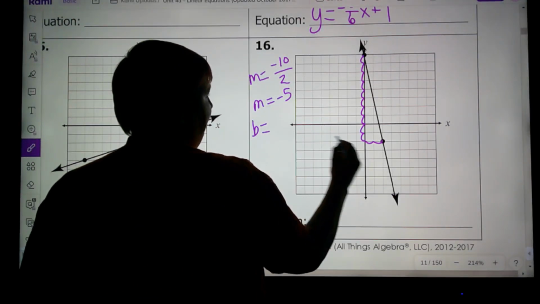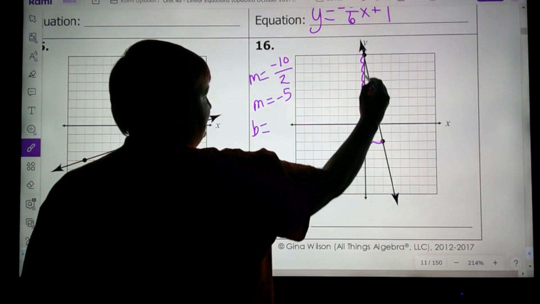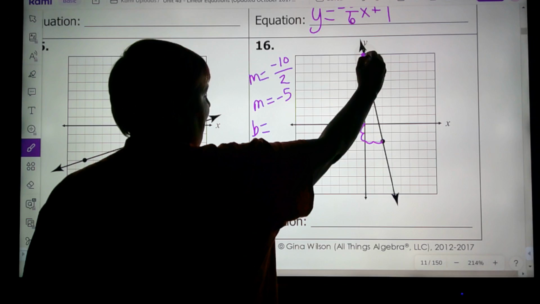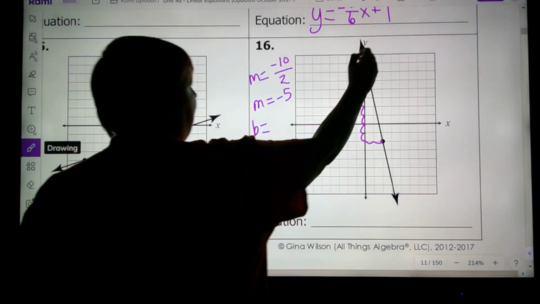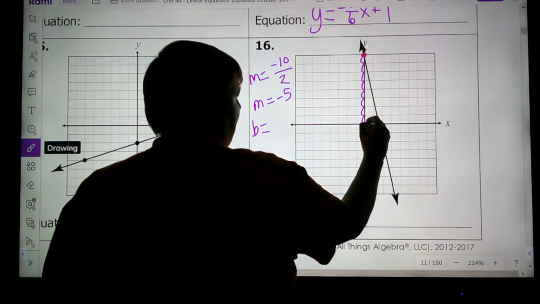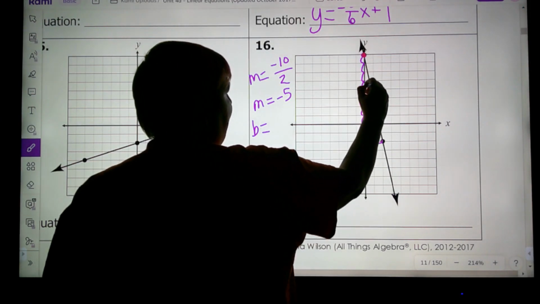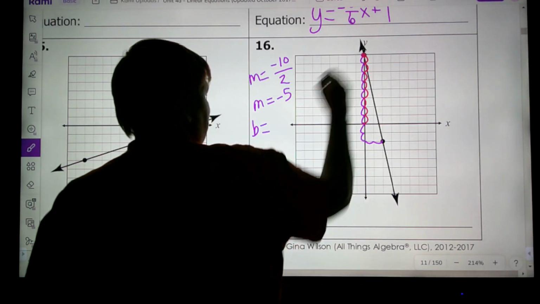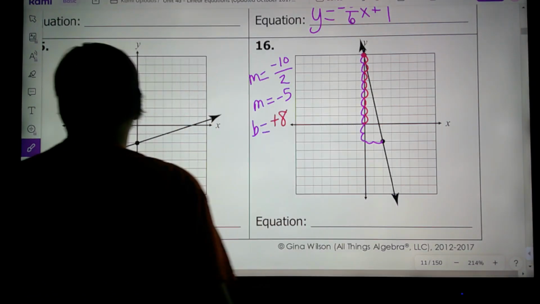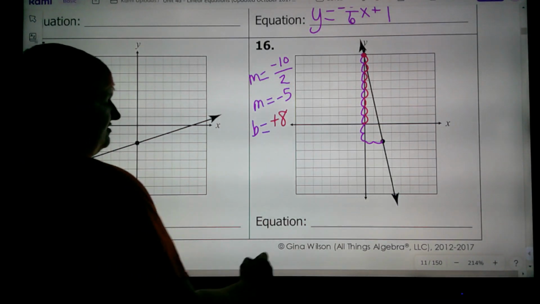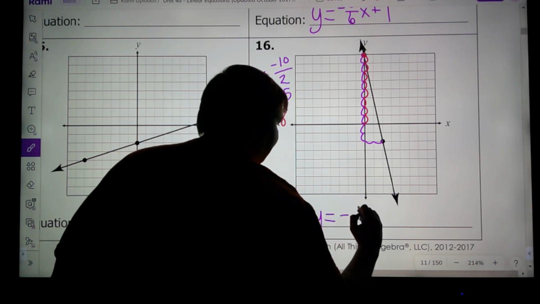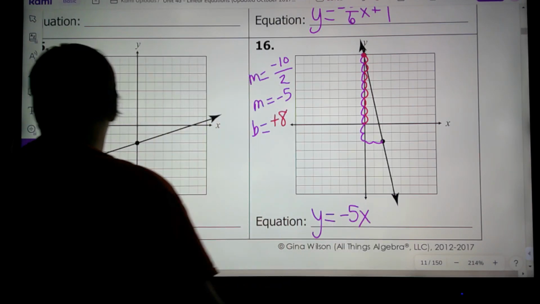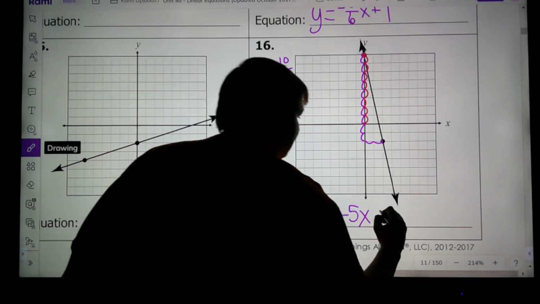And your b, it intersects the y-axis right here, which is 1, 2, 3, 4, 5, 6, 7, 8. +8. So your equation is y equals -5x plus 8.